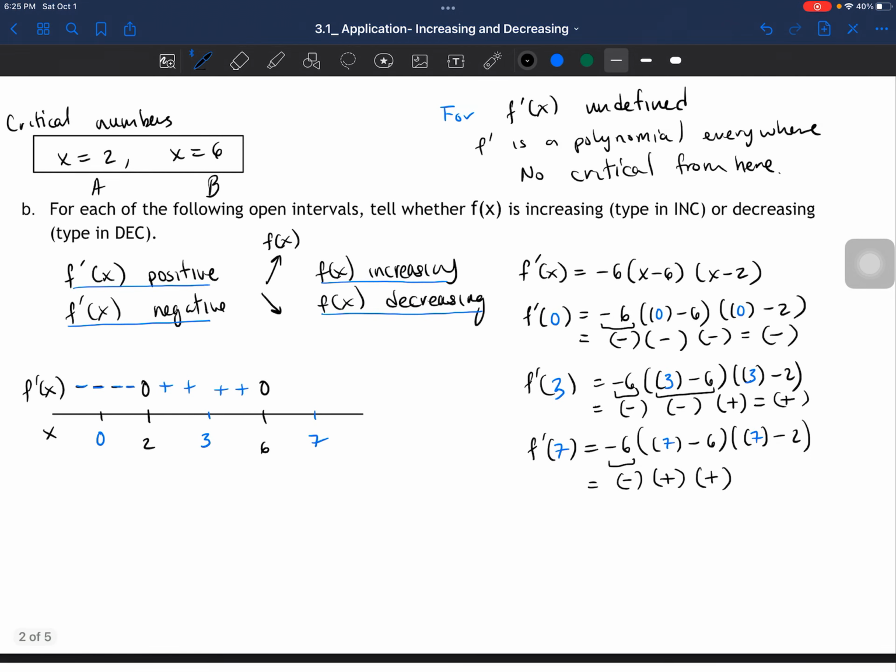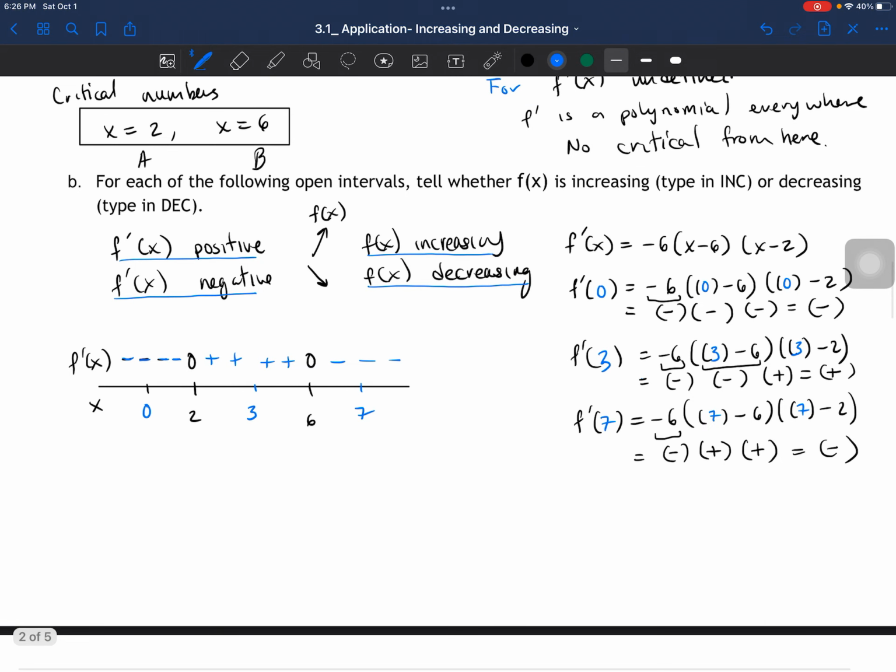And 7 minus 2 is also positive. Because we have the factor form, we can get away with just multiplying these. Negative times positive turns out to be a negative, and then times a positive is a negative. So this whole thing is going to be a negative value. So this will be negative, negative, negative.